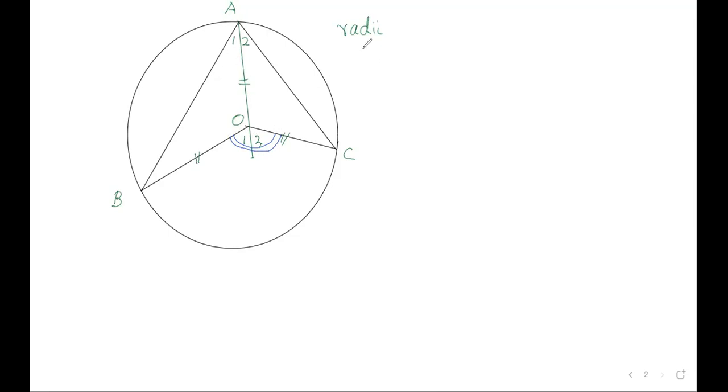Now in triangle ABO, angle O1 is equal to angle A1 plus angle B. And the reason is that O1 is outside the triangle. It is an exterior angle of a triangle. Exterior angle is equal to the sum of the two interior opposite angles.